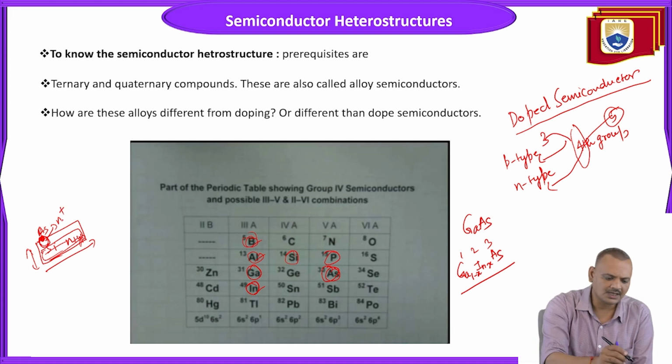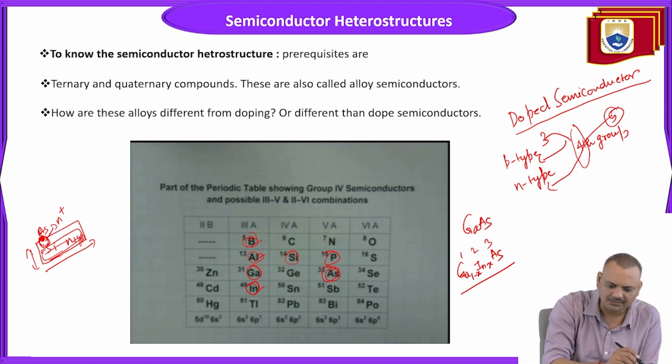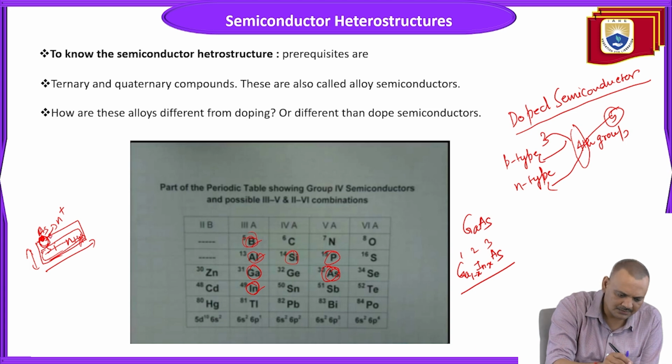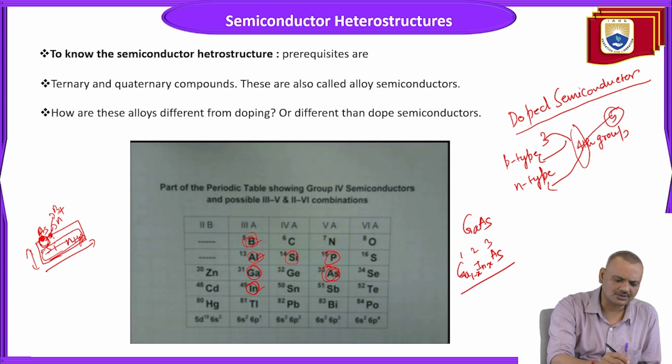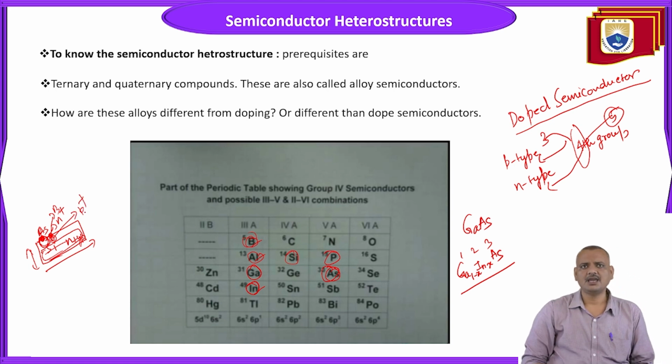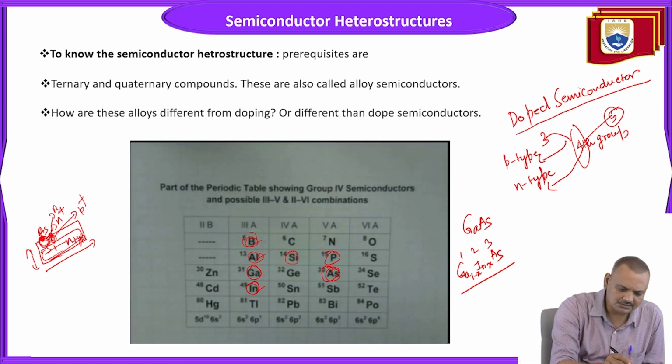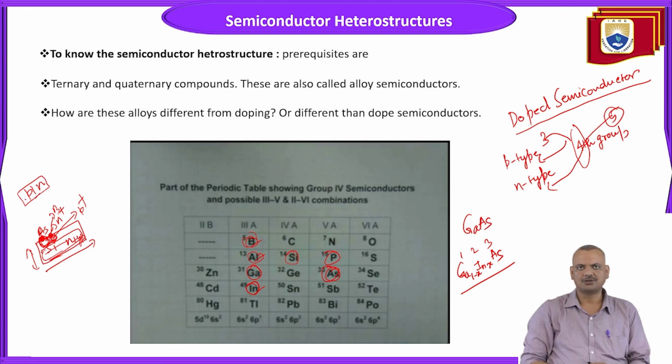Now nearby, put some boron or aluminum. This boron or aluminum will also try to diffuse inside the silicon, so the nearby small region will convert to P plus. Now these regions behave like a P and N region, and you can get a kind of diode.